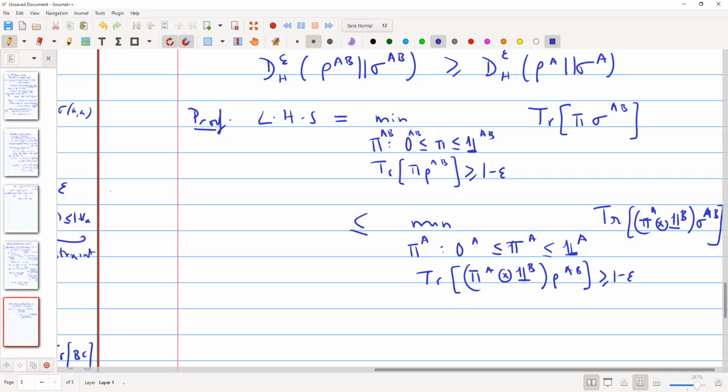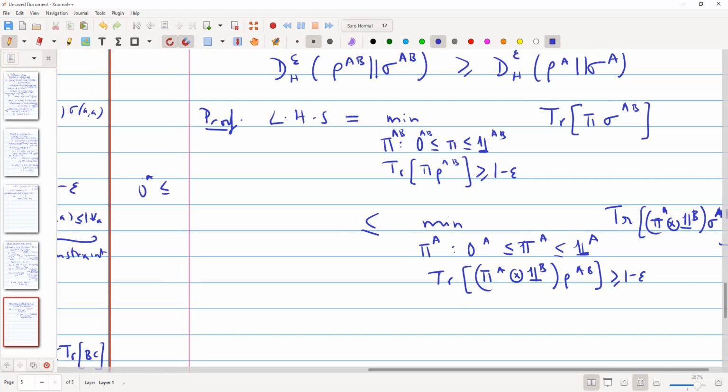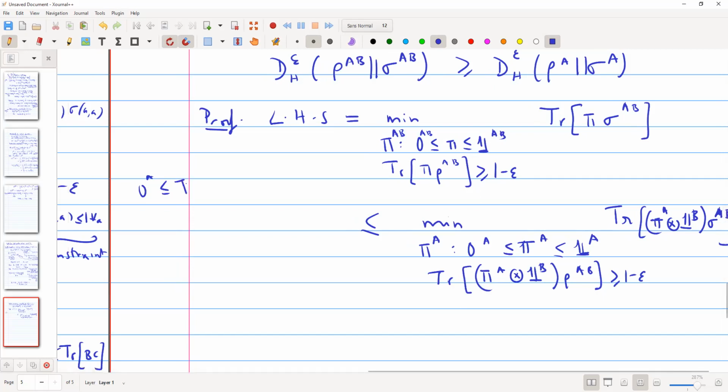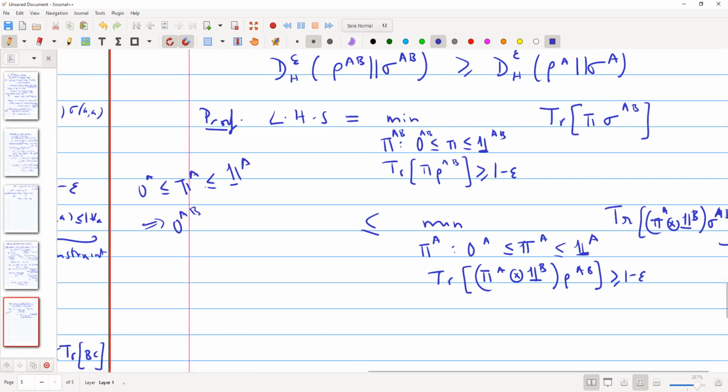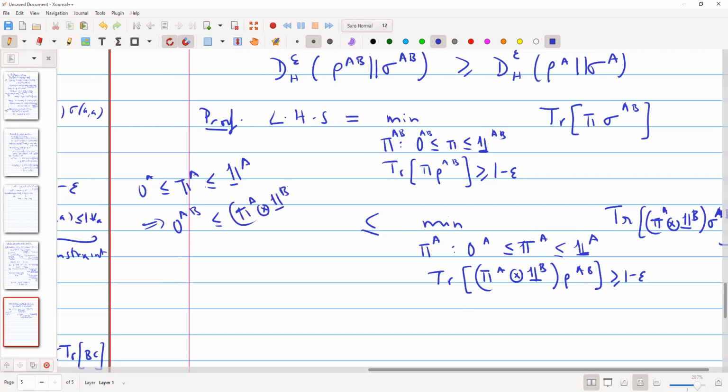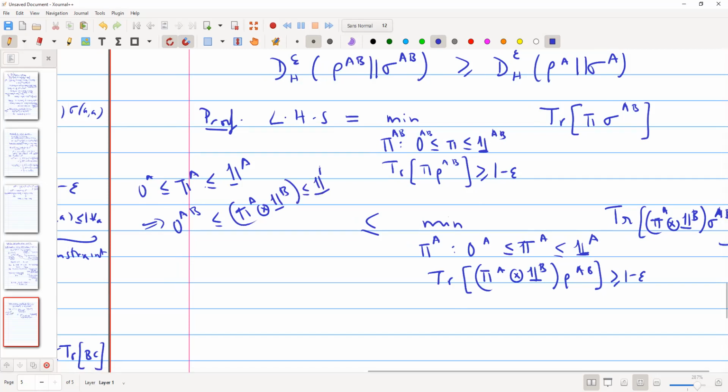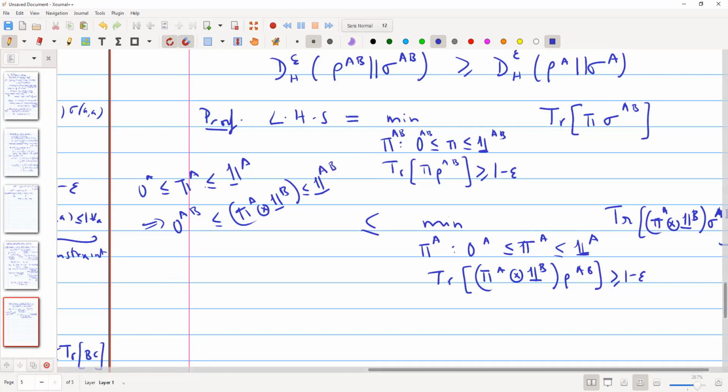So let us see on the side. So 0A less than pi A less than identity A. So this implies that 0AB is less than pi A tensor identity B. Okay.